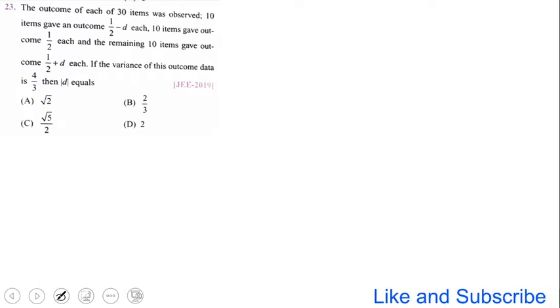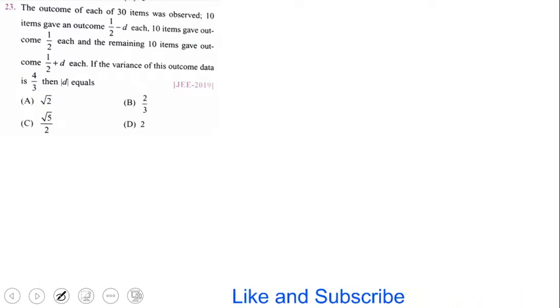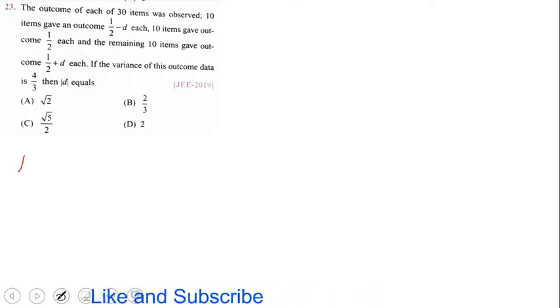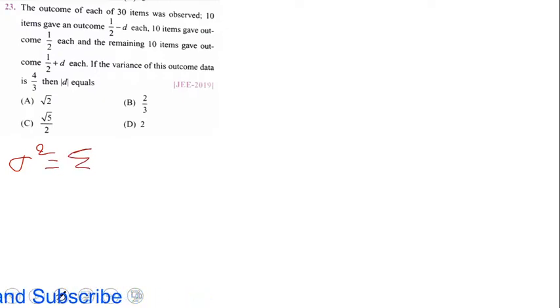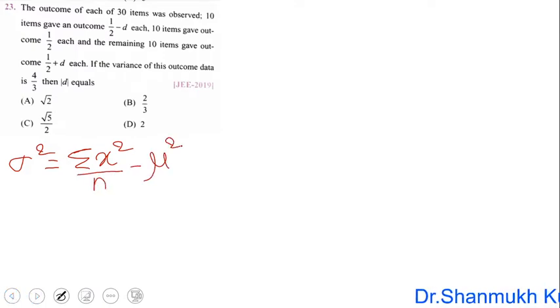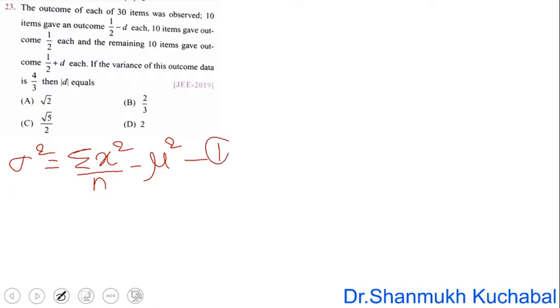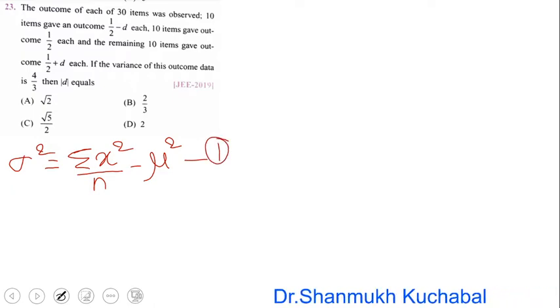Okay, so with the given things we have to start. So variance we have to calculate. Variance is given by the formula sigma^2 = (summation of x^2)/n - mu^2, and I call this equation 1.